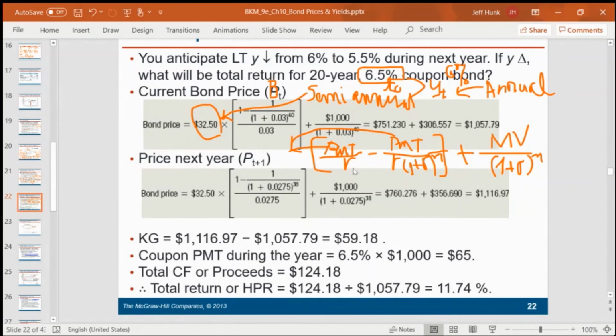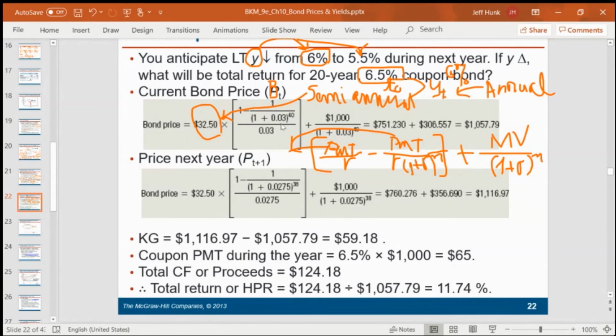So then the half-year rate is what? Half-year coupon rate is 3.25%, since the annual rate is given. Half-year yield is 3% because the annual yield is 6% now, but it will be 5.5% next year.